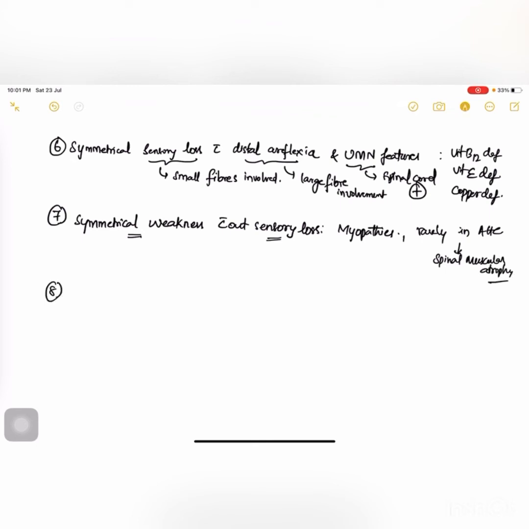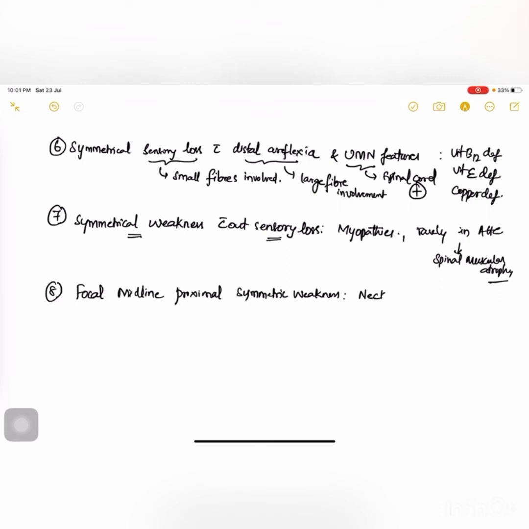Now coming to the eighth pattern, that is focal midline proximal symmetric weakness.